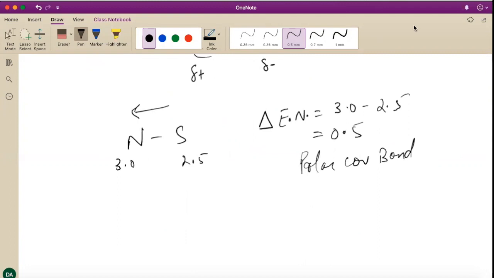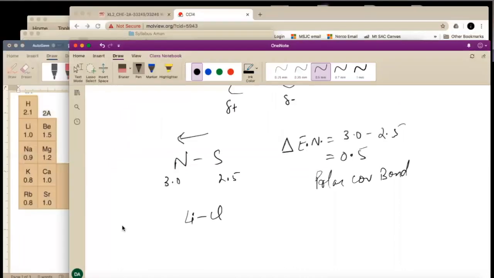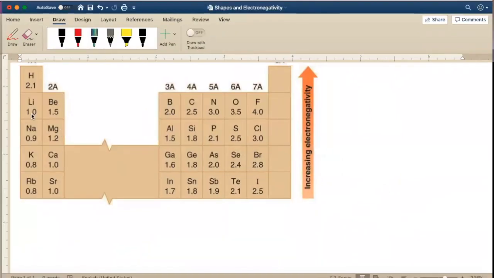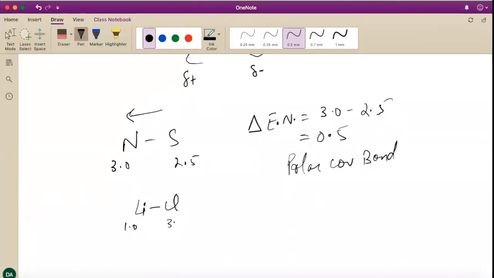Does this also work for the ionic bonds? Yeah, so if you had something ionic, yes, this will work. So let me give you an example. Lithium and chlorine. So lithium is 1 and chlorine is 3.